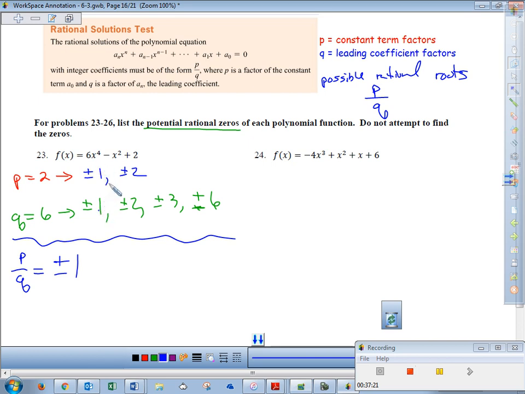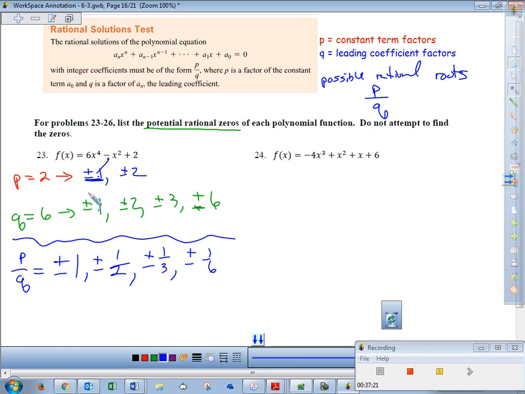P over Q. Then I do plus or minus 1 over 2, which is 1/2, right? Then plus or minus 1 over 3, plus or minus 1 over 6.